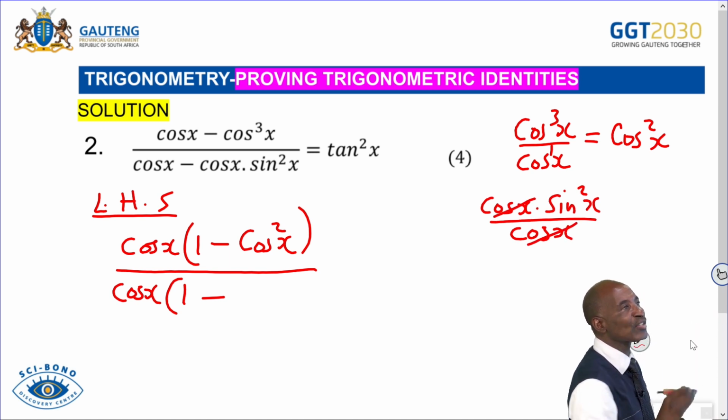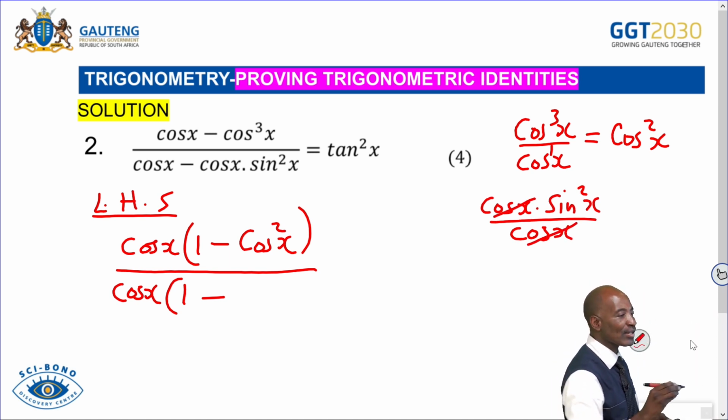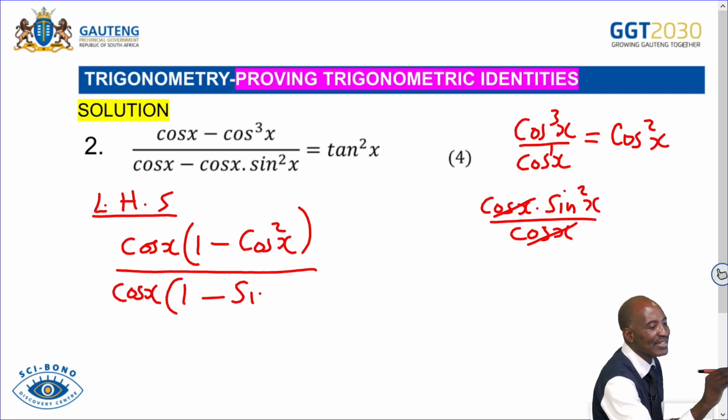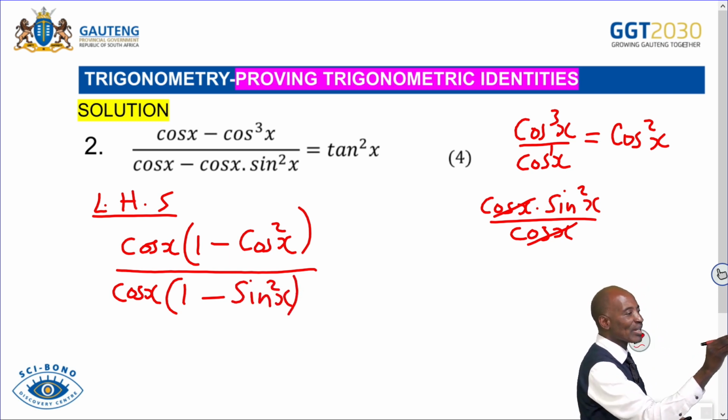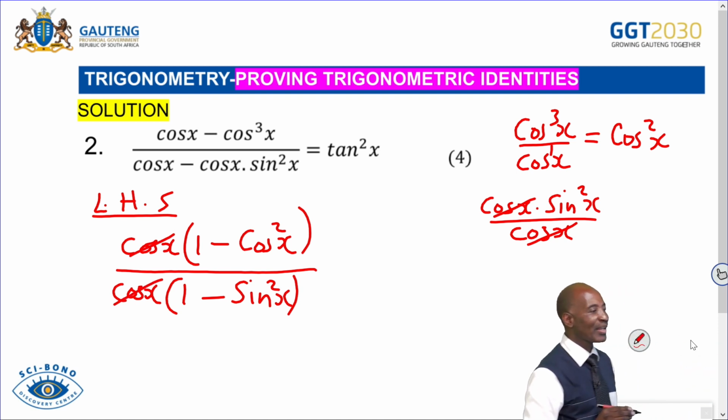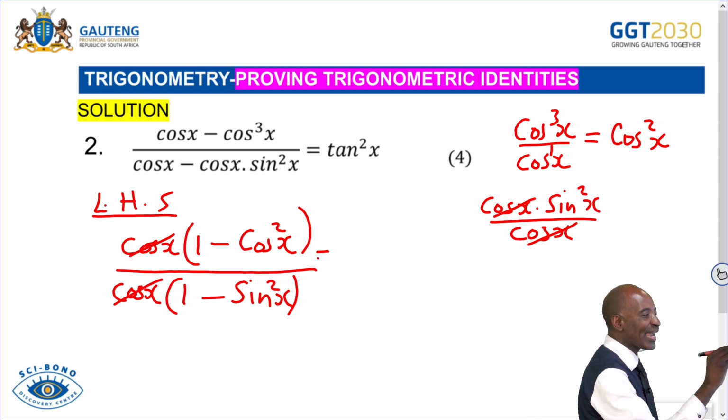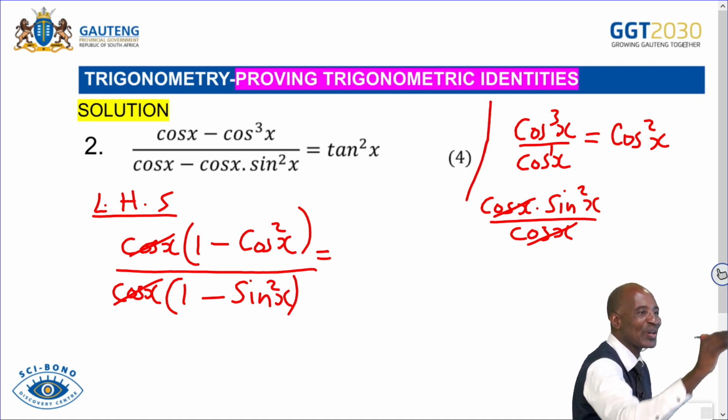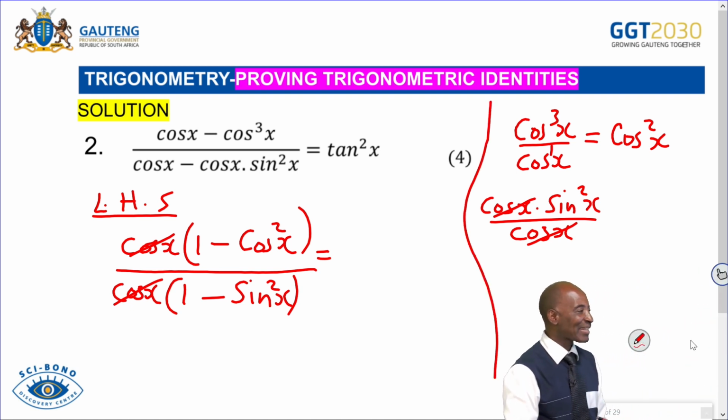These will divide and go. What's left is sine squared x. These will divide and go. You stop there and look at your remaining parts.